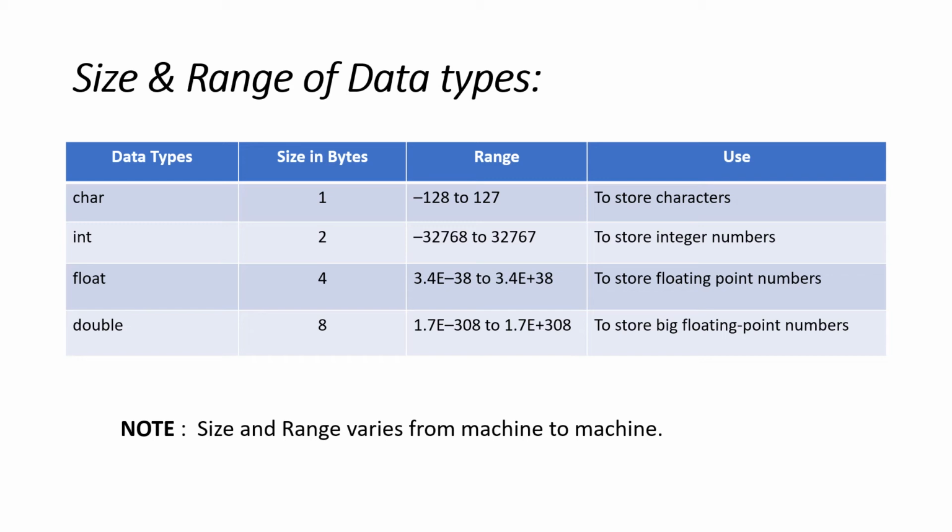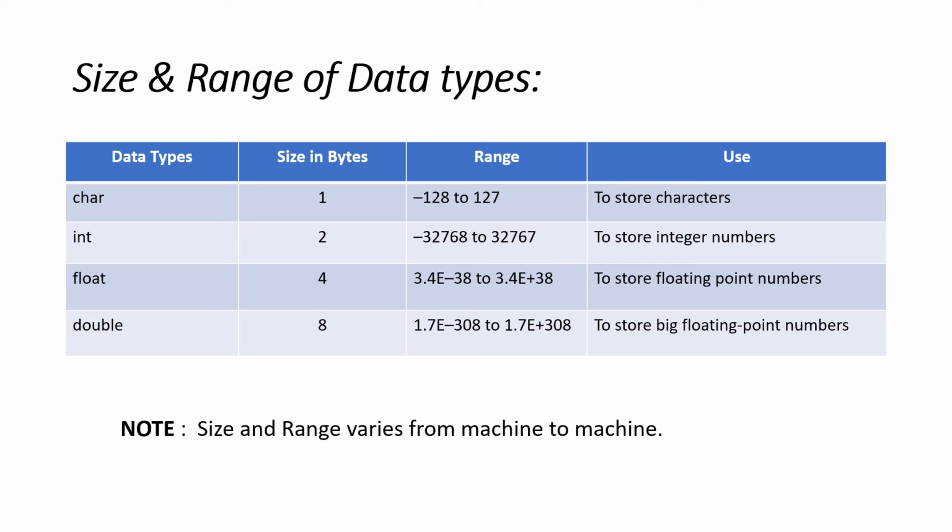This table shows size and range of data types. Size of char data type is 1 byte. Range varies from minus 128 to 127. It is used to store characters.